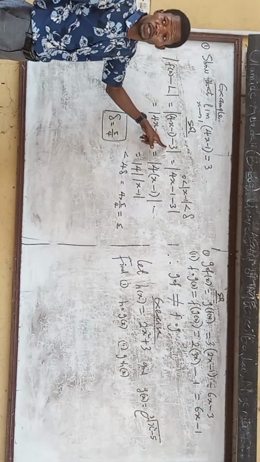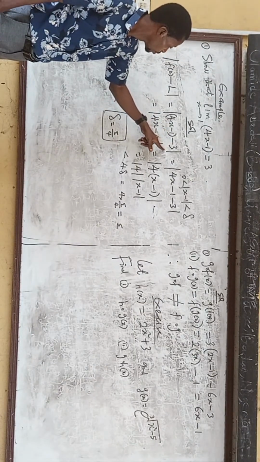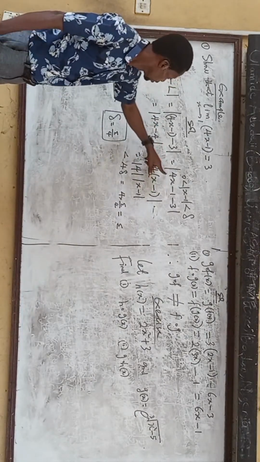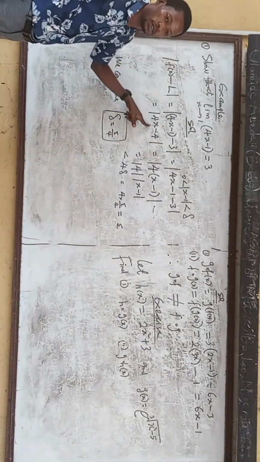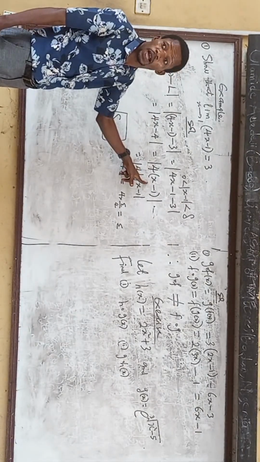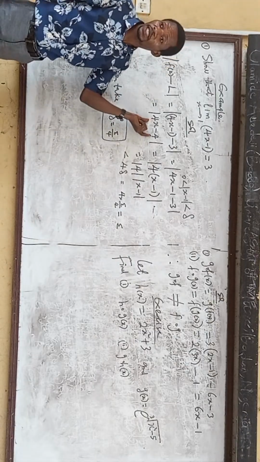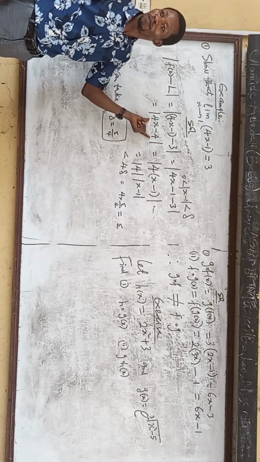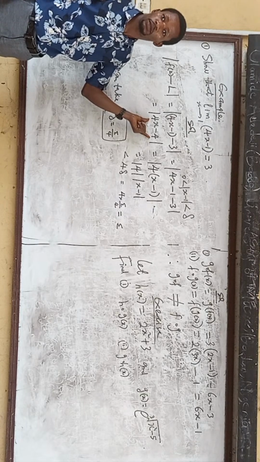Minus L. What's the L? 3? Okay. If we expand this, do we have this? Yes. Does this one give us this? Yes. How? Factorization. Factorize now. Can you factorize? Yes.